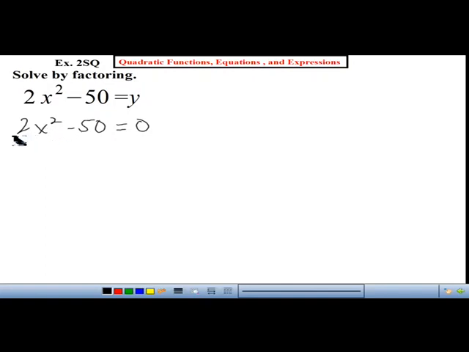Let's see, Jeremiah, look at it. What can I do here? You can add 50 to both sides. Okay, that's a different process. That's solving by square roots. Right now we're factoring. How can we factor this right here? Oh, square root 2x squared and 50.